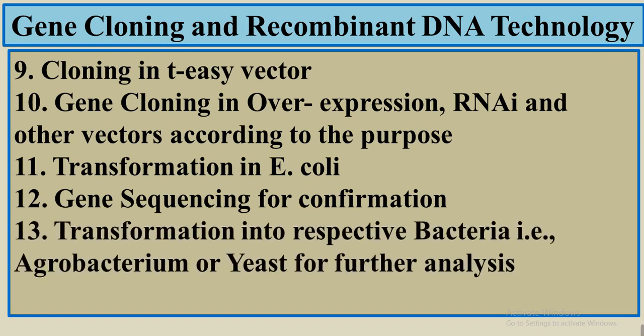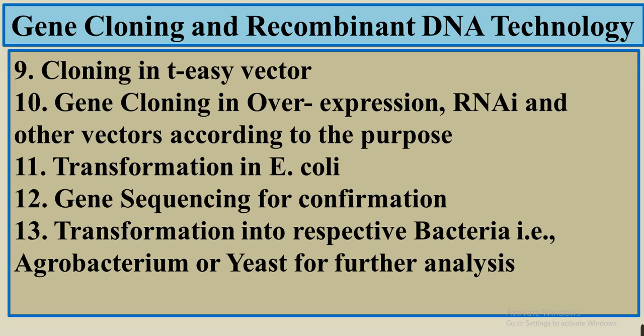After that, we have to transform it into different organisms, like for overexpression of RNA, or for transformation in the plant, we have to transform it into Agrobacterium strains like rhizogenes or tumefaciens according to our purpose, or we have to transform it into yeast for further analysis.